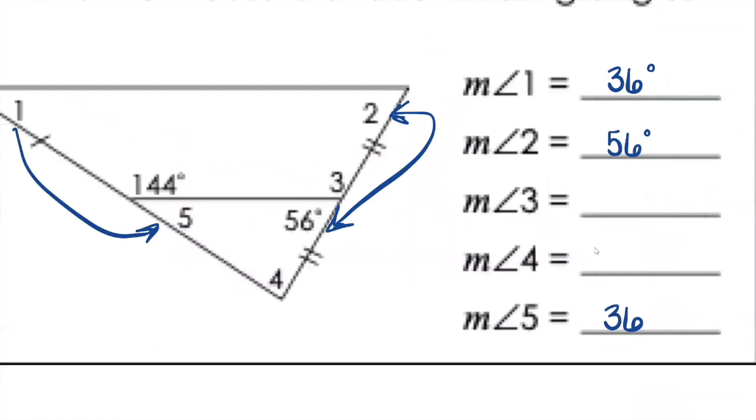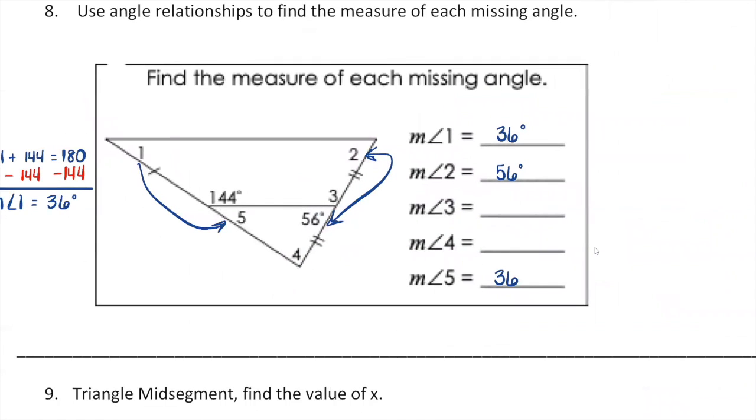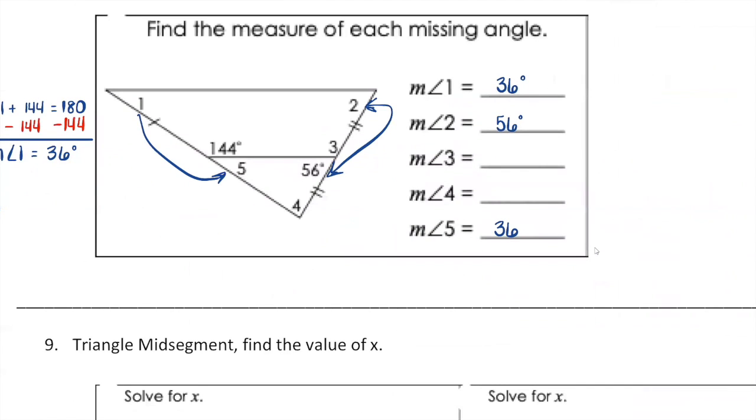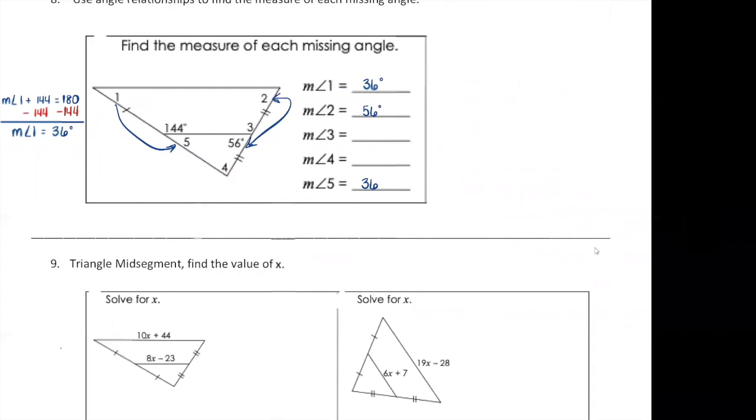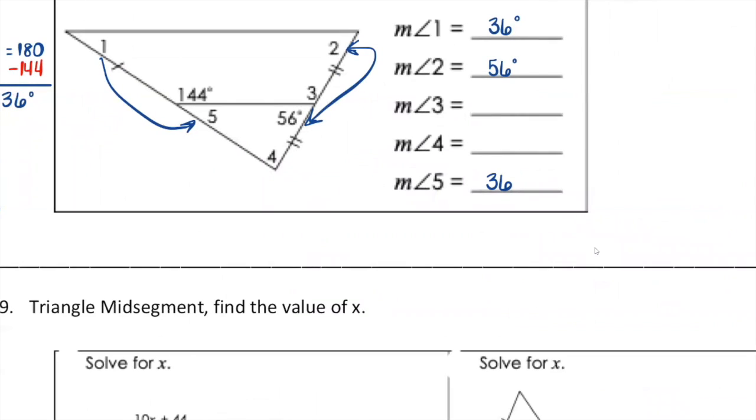What about angle 2? How can I find angle 2? Angle 3, I mean. Angle 3, my bad. What about this relation? I can't do triangle sum theorem for 3. I would have to do a quadrilateral.